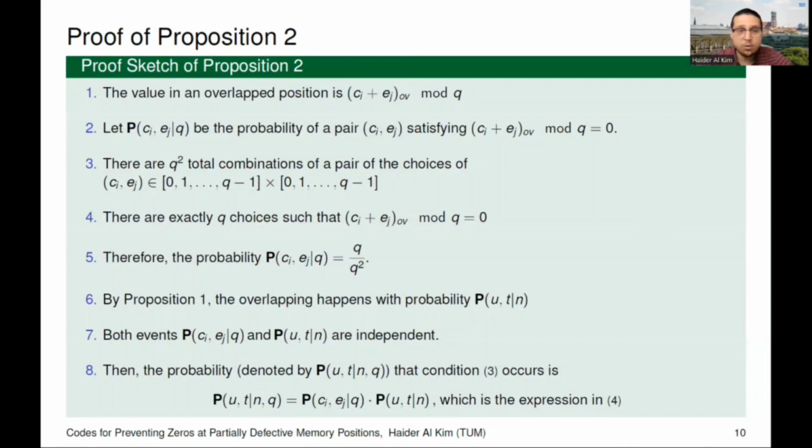So as both events, P(c_i, e_j, Q) and P(U, T, N), are independent, the probability is just the multiplication between them. This is shown here with the blue one and the green one, and the probability that the overlapping position gives a 0 value, as given underneath in 4, is the multiplication between the probability from proposition 1 and the blue one here.